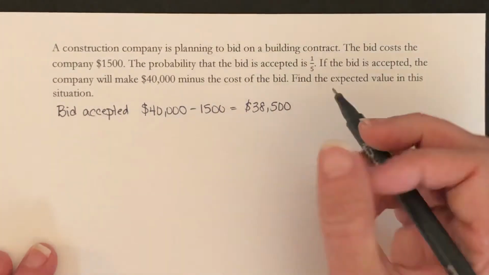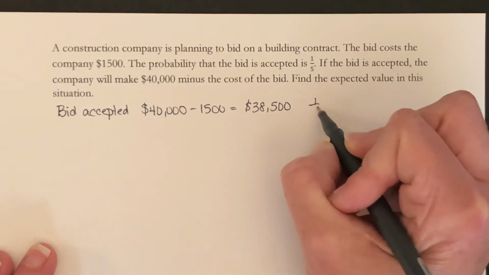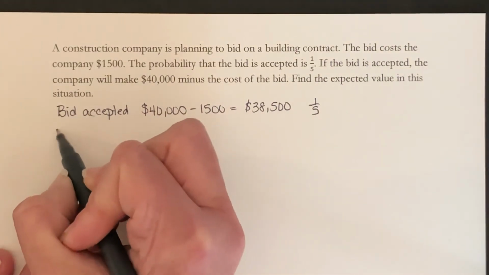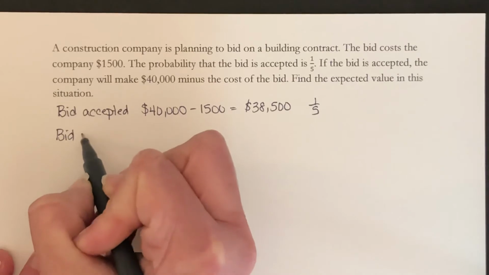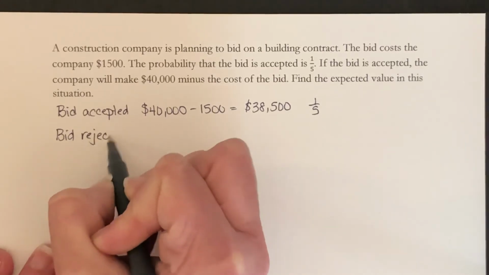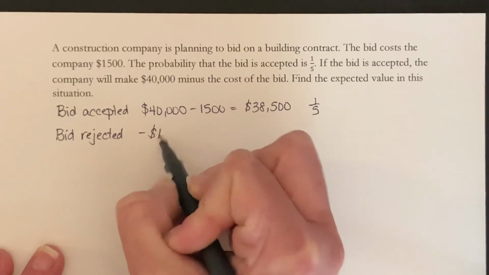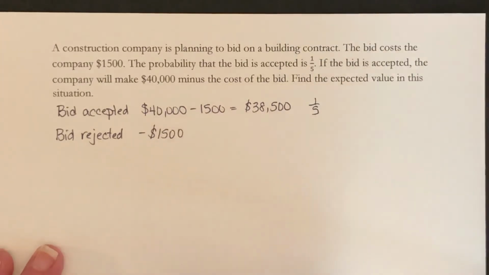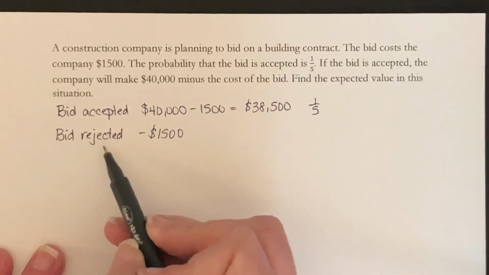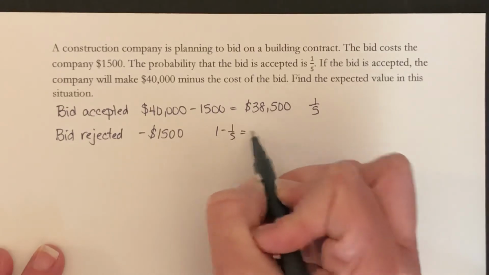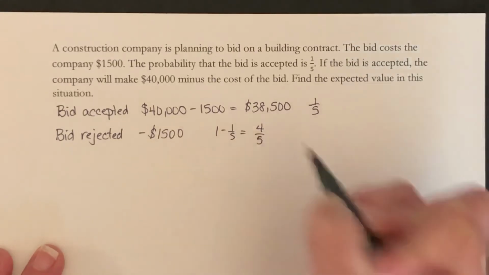And the probability of this happening is 1/5. Okay, and if the bid is rejected, then they are out $1,500 for the cost of the bid. So that's a negative right there. And the probability of this bid being rejected, well, that would be 1 minus 1/5. So the probability of that happening would be 4/5.